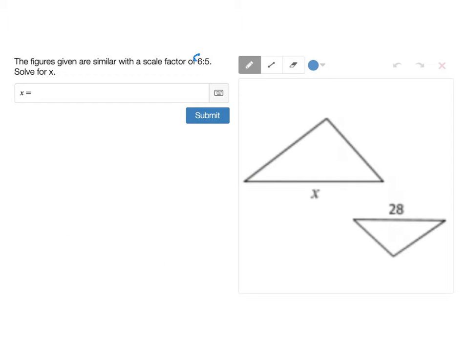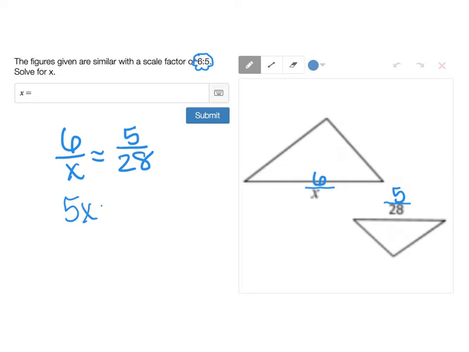We can do the same thing on this next problem. Again, I always label my numbers up above. You could label them both below. Just make sure you're consistent. So I put them both above the information given in the picture. So I would be solving 6 over x equals 5 over 28.